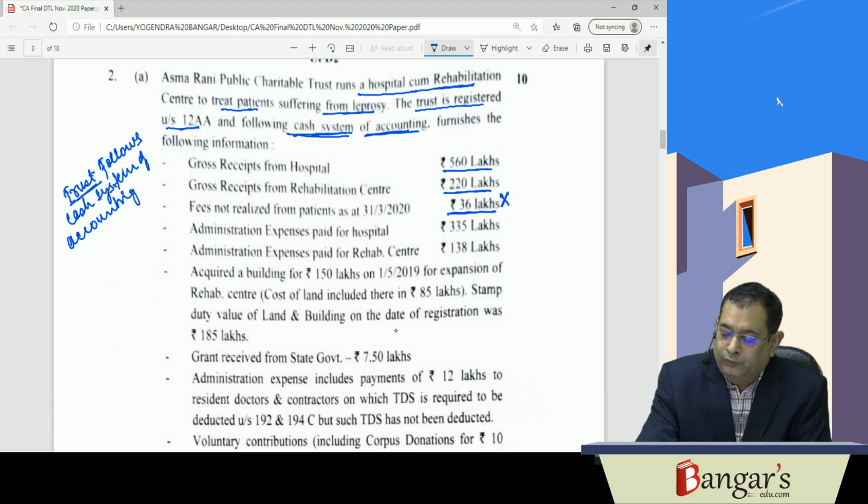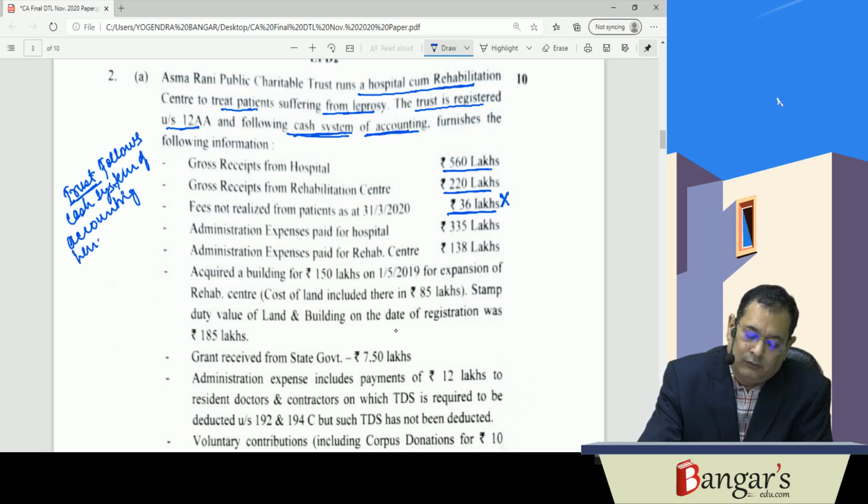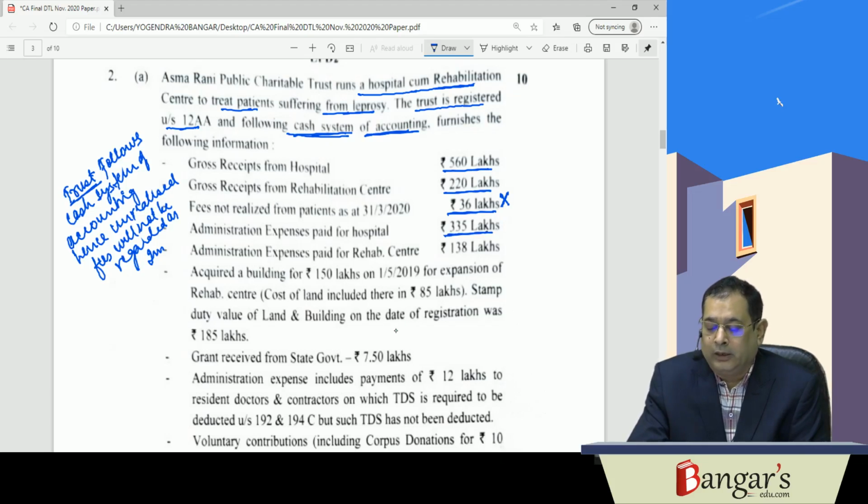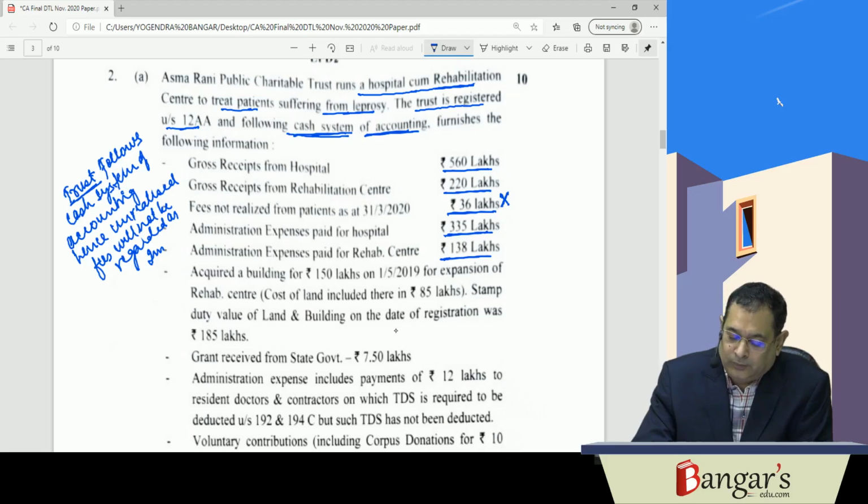The trust is following cash system of accounting, hence unrealized fees will not be regarded as income during this year. Okay. Then we have administrative expenses paid for hospital. This will be regarded as application. Administrative expenses paid for rehabilitation center will also be regarded as application.